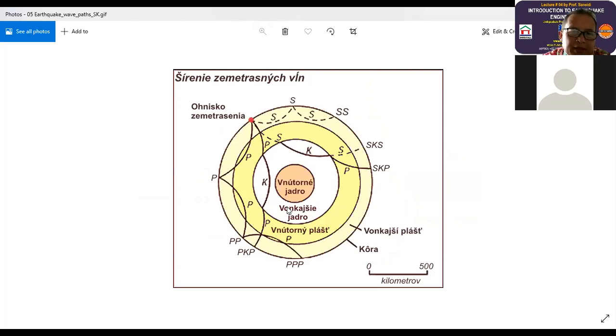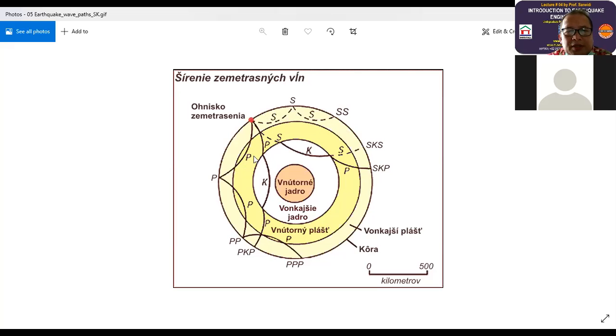Okay, and in another form of explanation, this could be like 500 kilometers. So there is a propagation everywhere. For example, this is what we call the P wave or primary wave, and S is the secondary wave.